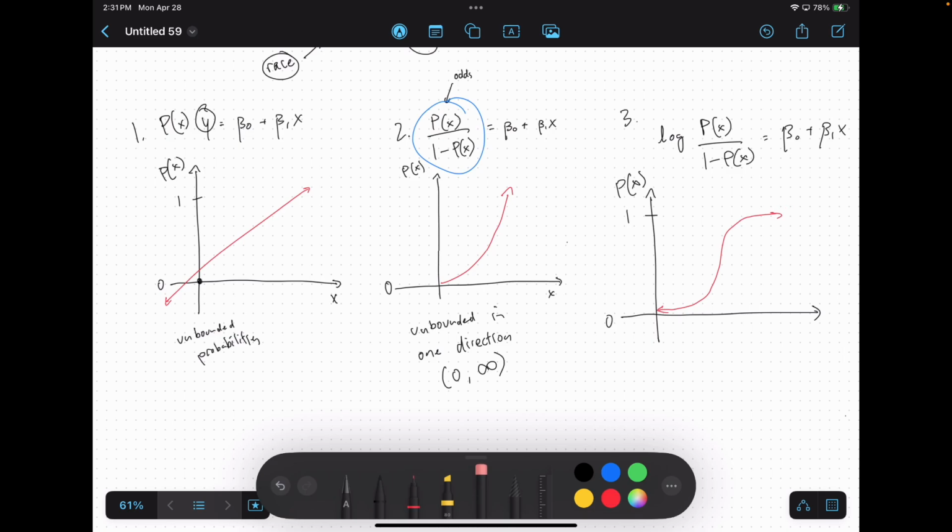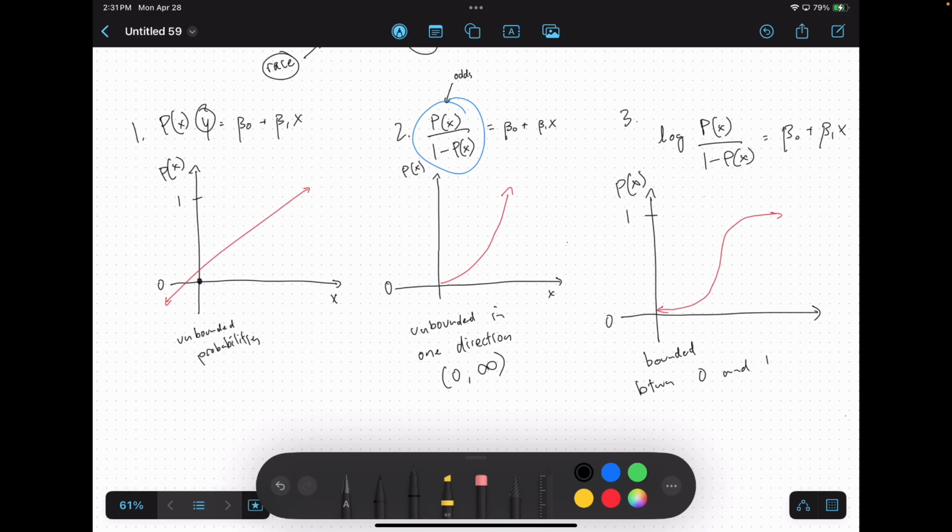And now you are bounded between 0 and 1. Okay?